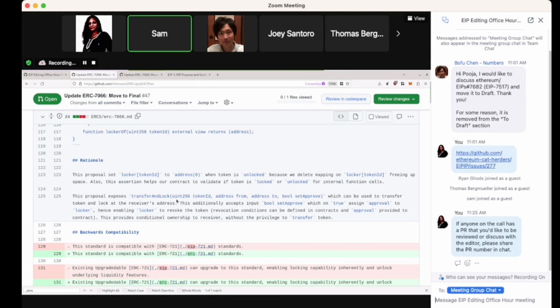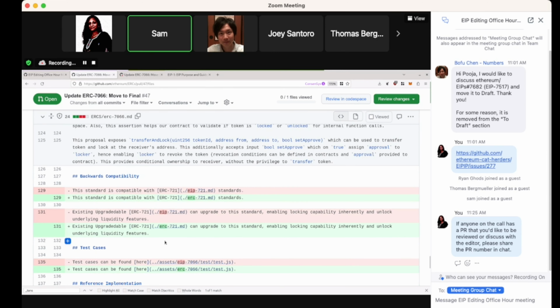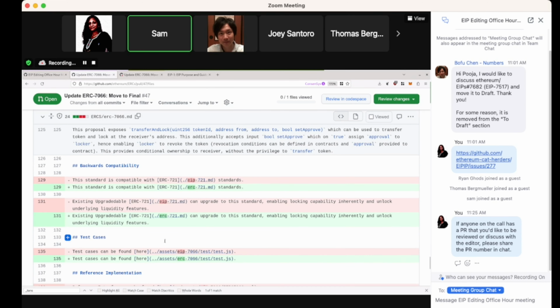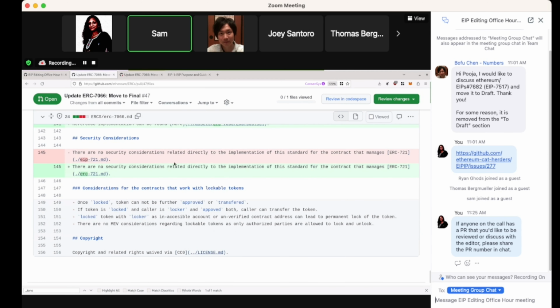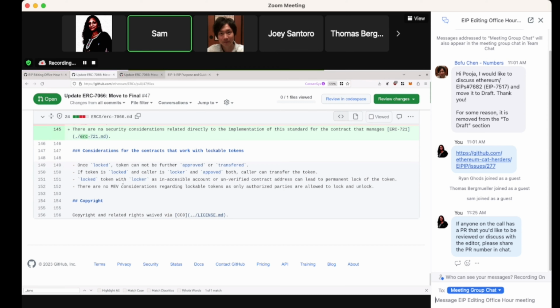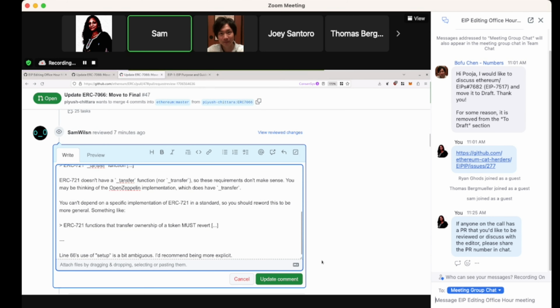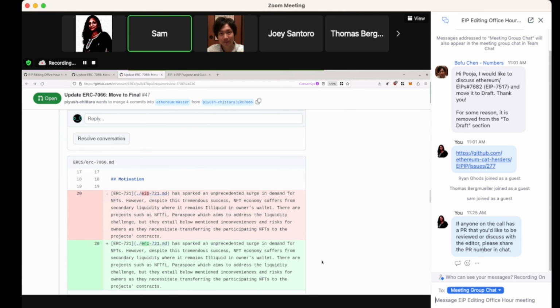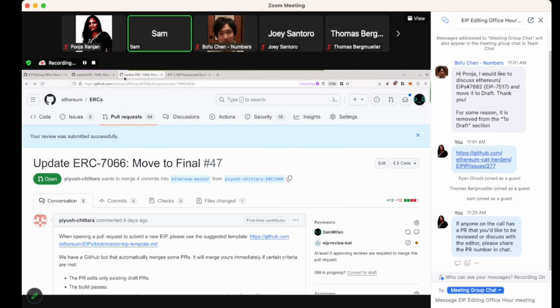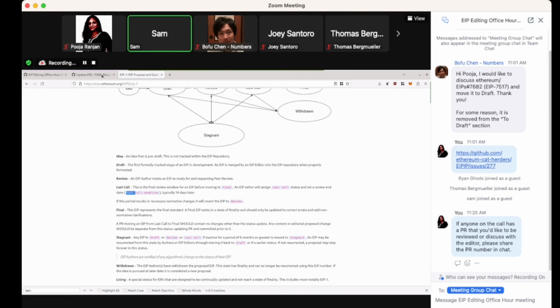This additionally accepts setApprove, which on true assigns approval to locker, hence enabling locker to revoke the token. Okay, good. Security considerations. Yes, the rest seems fine. All right, so I think that's good for this one, and we will move on to the next one.